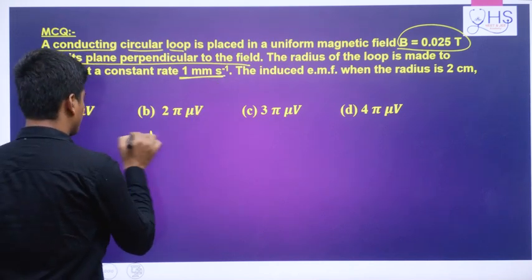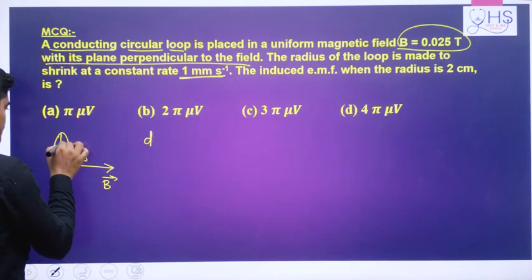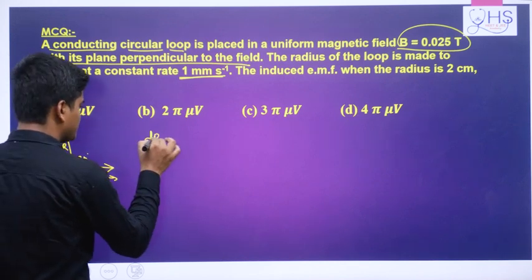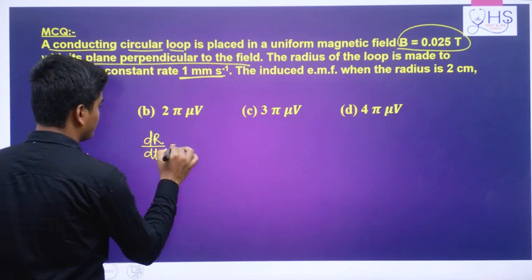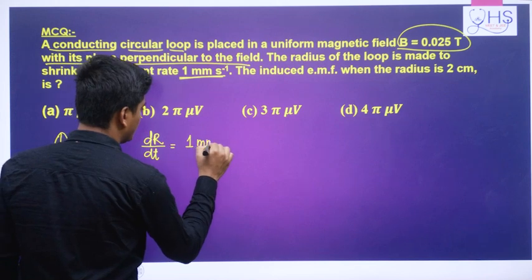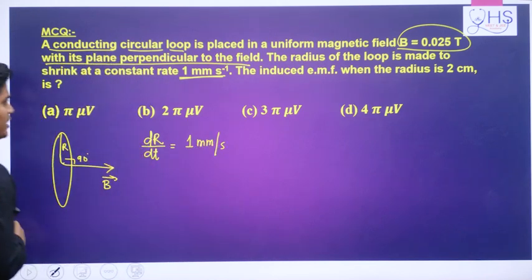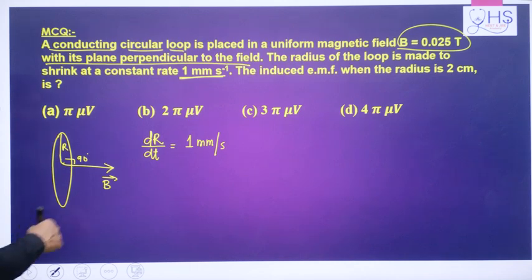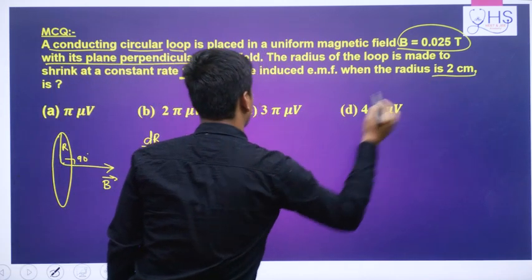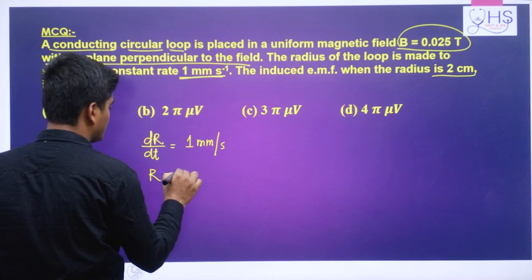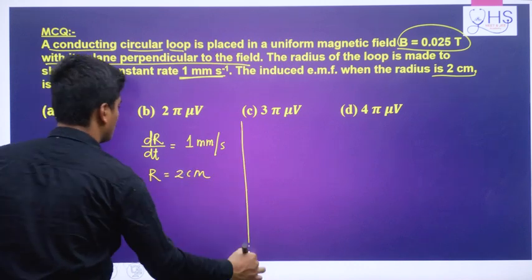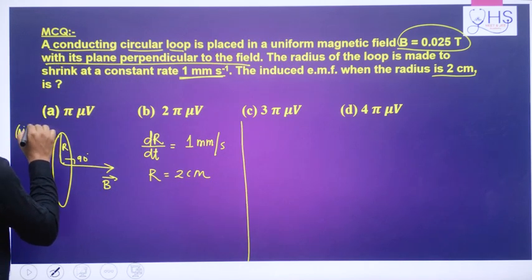Suppose the radius is r, and it is changing with respect to time at 1 millimeter per second. Now, what is the induced EMF when the radius is 2 centimeter? Here one radius value is also given, that is 2 centimeter.